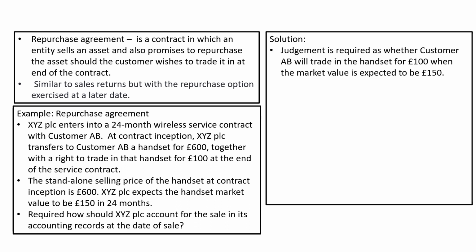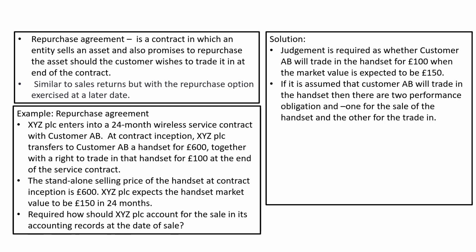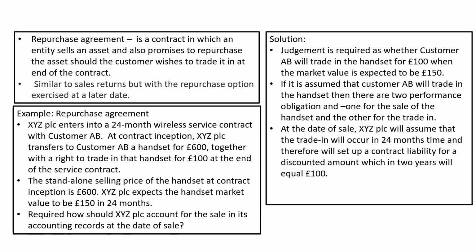Right, so judgment is required here as to whether the customer will trade in the handset for £100 when the market value is expected to be £150. If it is assumed that the customer will trade in the handset, then there are two performance obligations: one for the sale of the handset and the other for the trade-in.